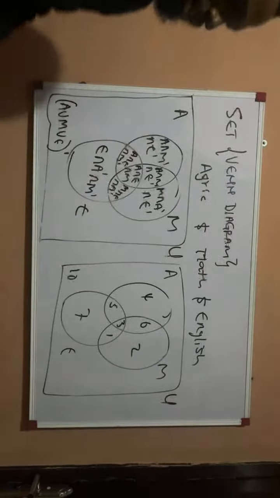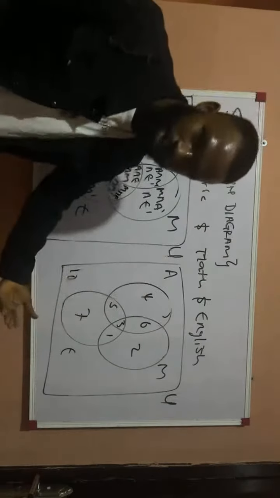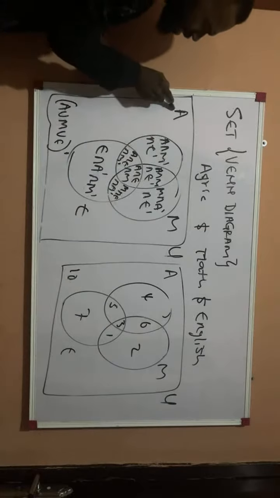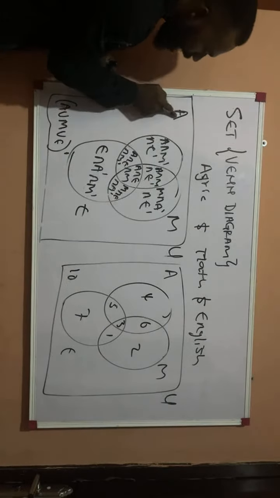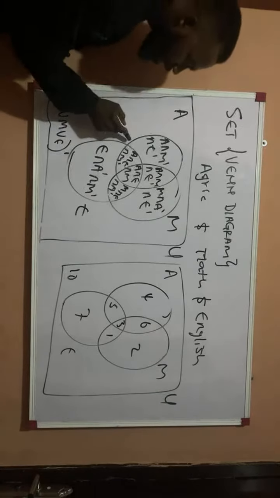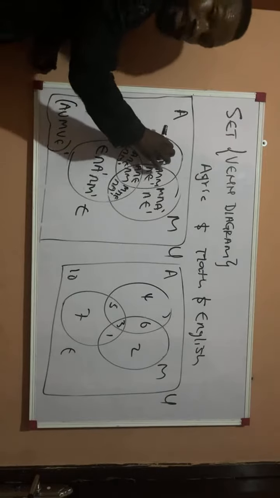And then there's a question that says, how many students offer Greek? Now, don't forget, from the beginning of the class, I said there's a difference between students that offer Greek and students that offer Greek only. Greek talks about the total circle, but Greek only talks about this point.